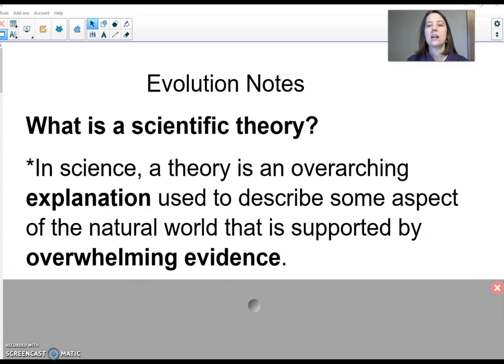A theory isn't just not good enough to be a law yet. They're totally different things. A law uses mathematics to state something that happens in nature, whereas a theory explains how all these things fit together in nature.